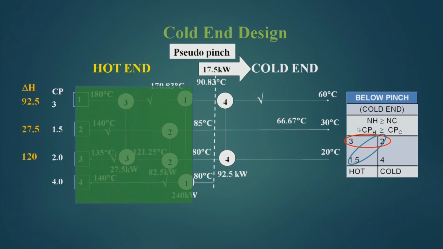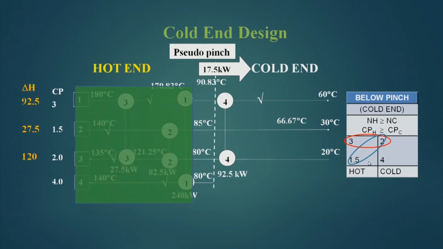So, this rule is valid, this rule is valid. Here there are two hot streams and one cold stream, and hence this rule is also valid. So, once I place this, this stream is ticked off, this stream is ticked off.